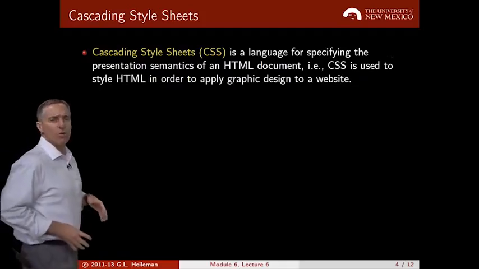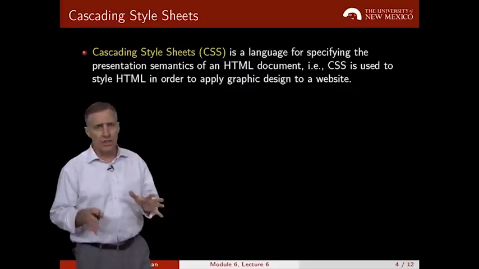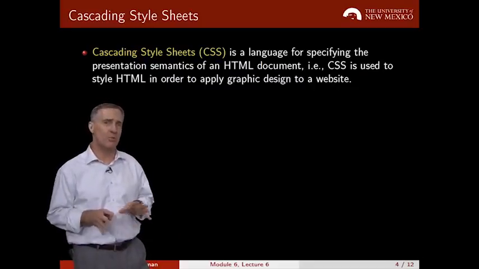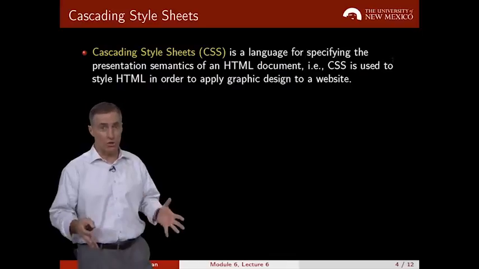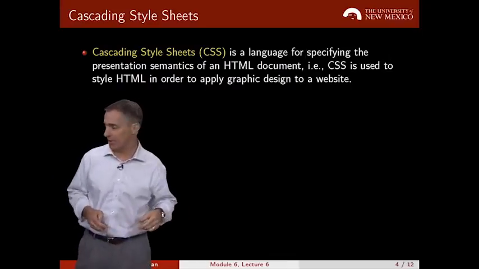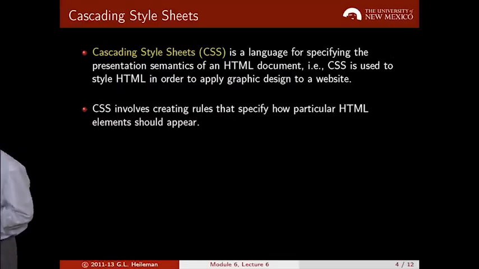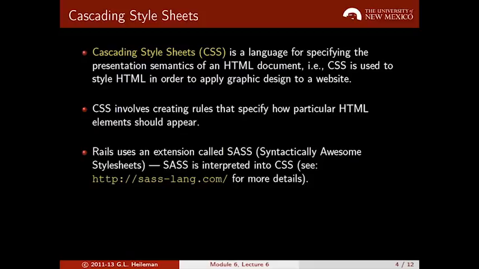Now let's talk a little bit more about cascading style sheets. This is the language for specifying the presentation semantics of an HTML document. In other words, it's what's used to style an HTML document. CSS involves creating rules that specify how particular HTML elements should appear in your browser.